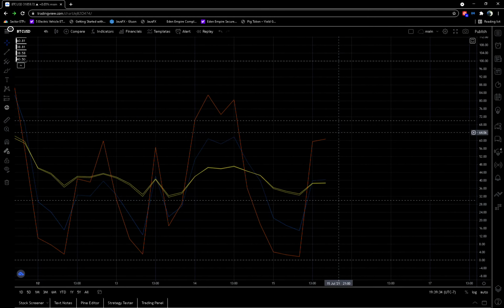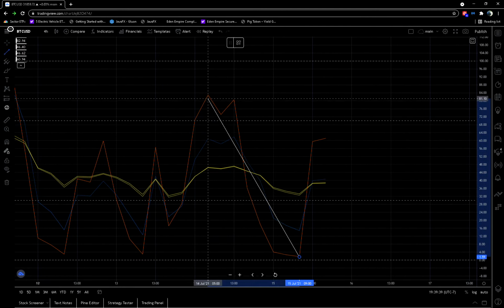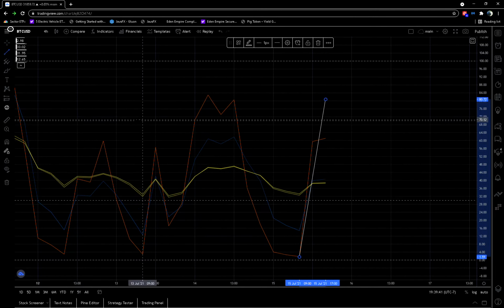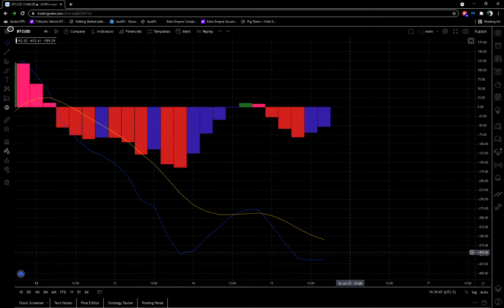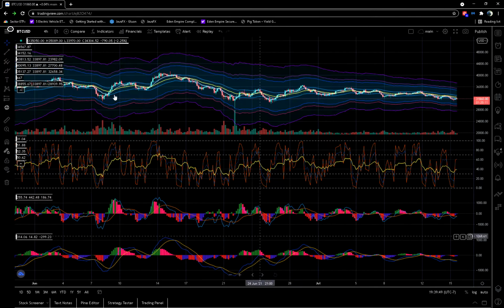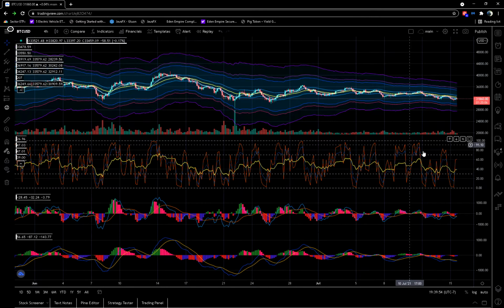We have the shorter period indicators getting almost back up here, so that might be ending soon. Default RSI is a little bit oversold.